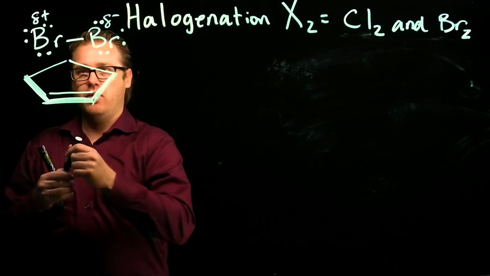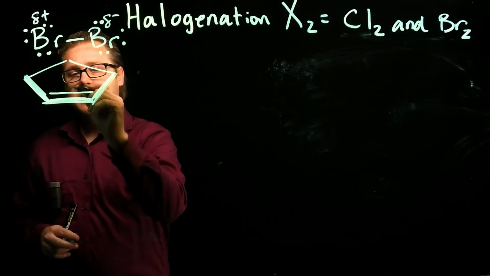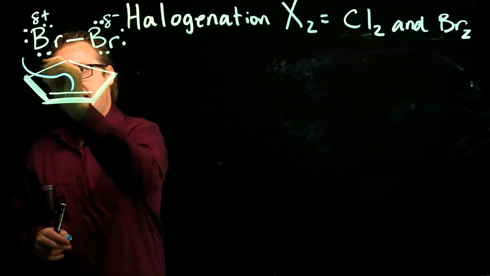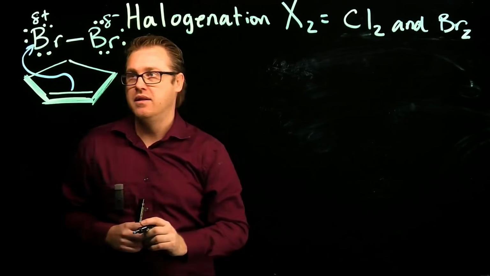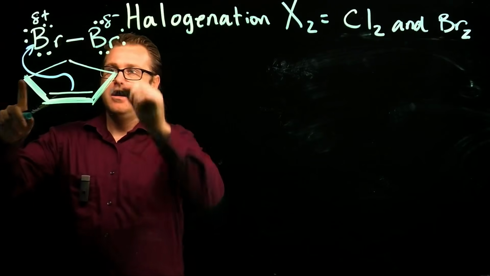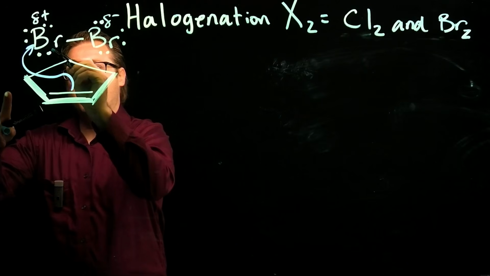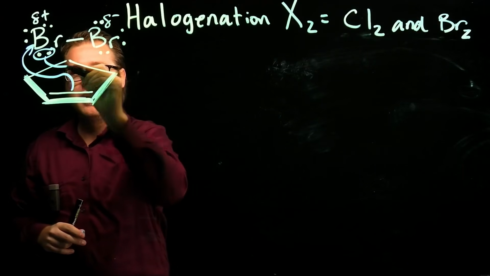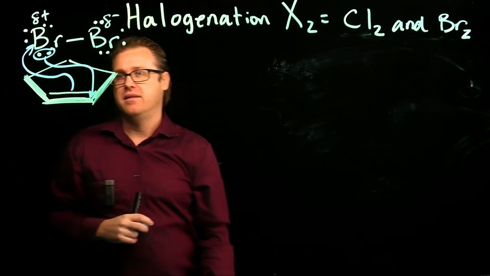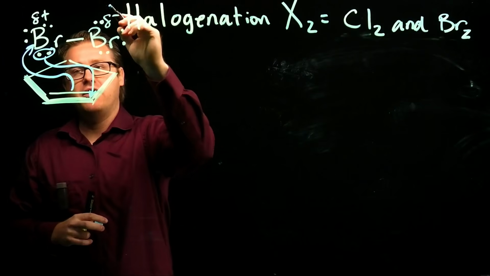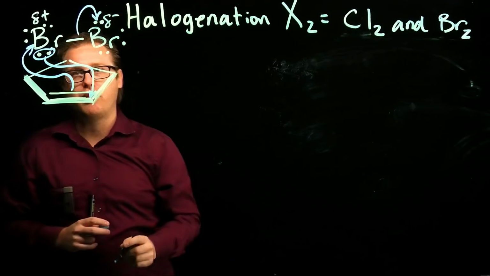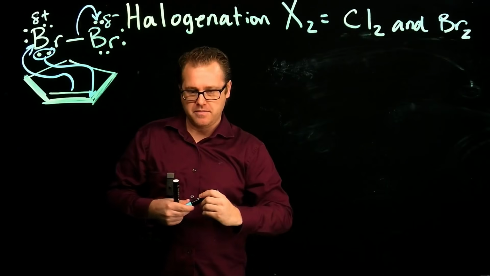And what we've learned is that when this pi bond or these pi electrons come in and attack the bromine, what happens is that the bromine has these lone pairs here that they use right away, like that. And then we have a third arrow that breaks that bromine-bromine bond.